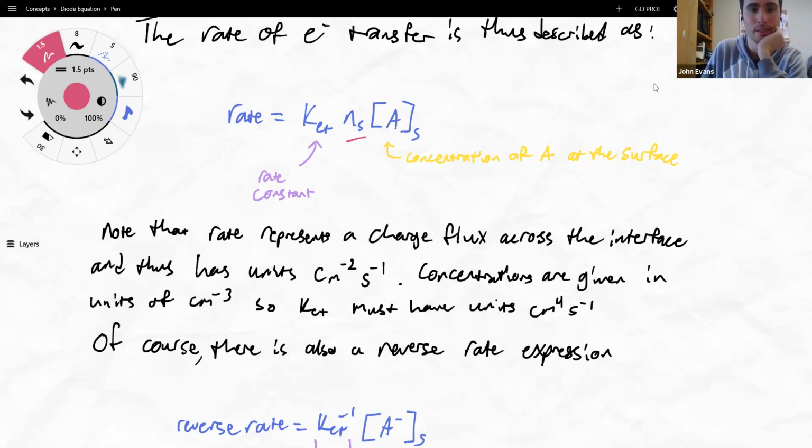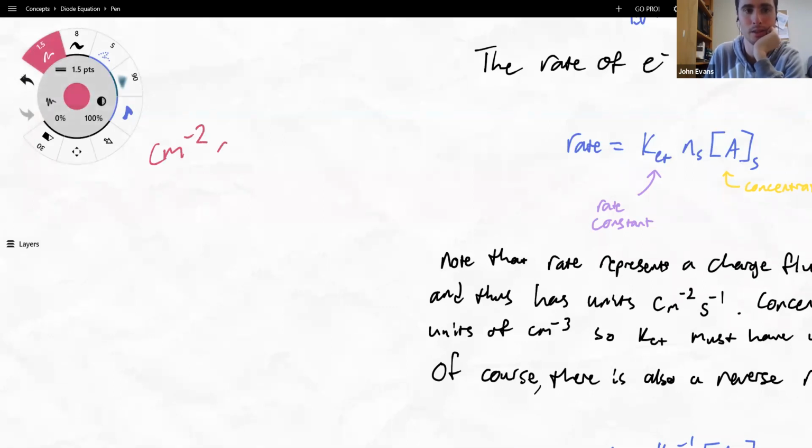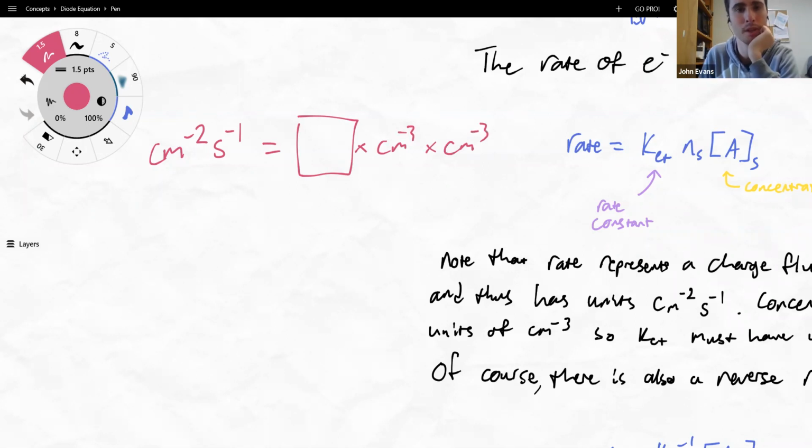Which means necessarily, since we want to make these balance, over here we have centimeters minus 2 seconds minus 1, which can be equal to something times centimeters inverse cubed times centimeters inverse cubed.